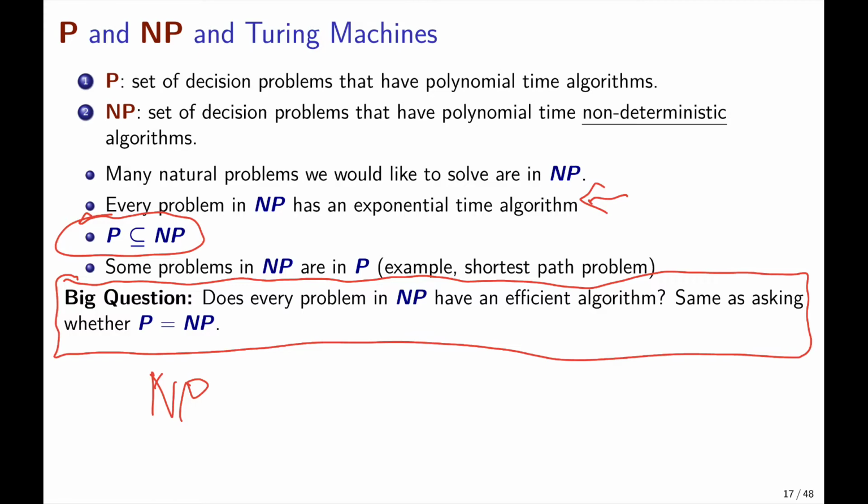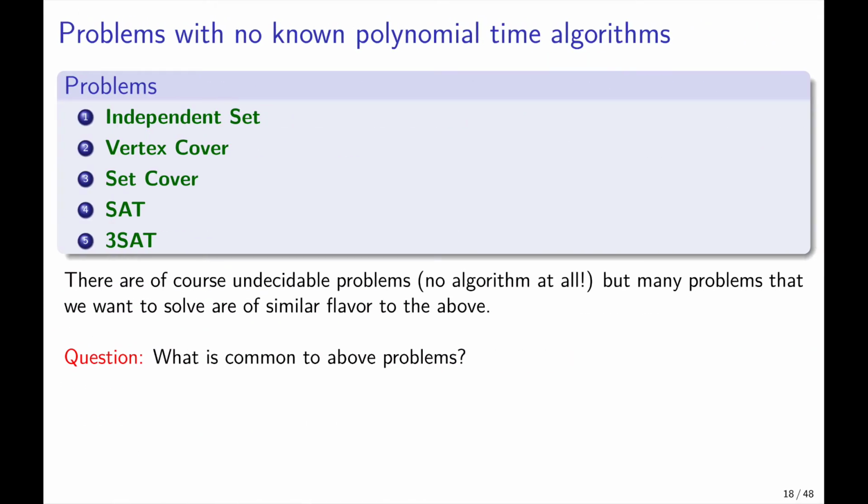The belief, in fact, is that there is no efficient algorithm for them. But as far as we're concerned, it might be that P is equal to NP. That's extremely unlikely, but it might be, and that's the biggest question that is currently open in computer science. Solve this question and you would be famous.